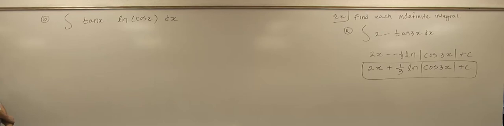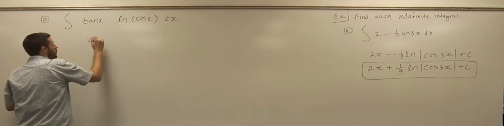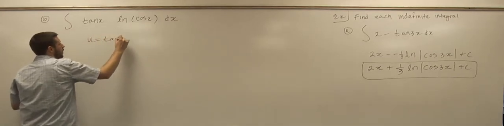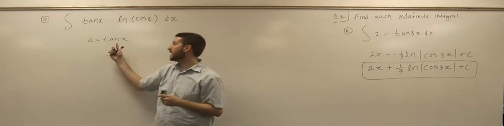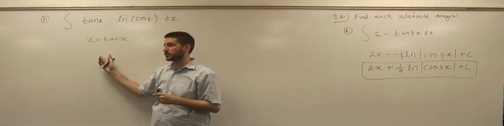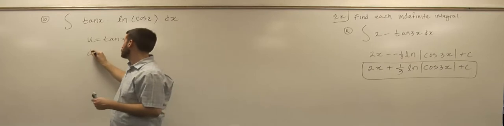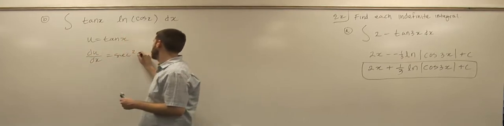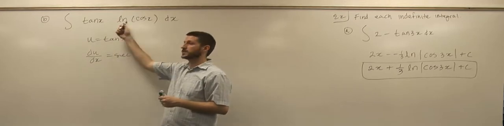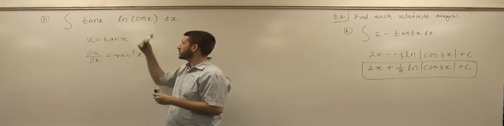So what do you think? U sub. What does u have to equal? Tangent? Okay, now you're thinking about it backward. If you make u equal to tangent, you would have to do the derivative of tangent. What's the derivative of tangent? Secant squared, right? That doesn't match at all. That doesn't match ln cosine.